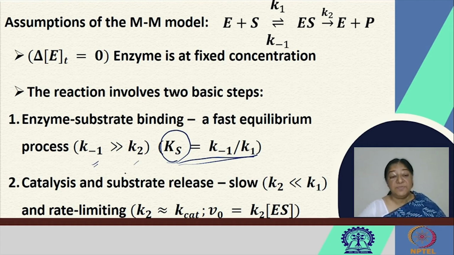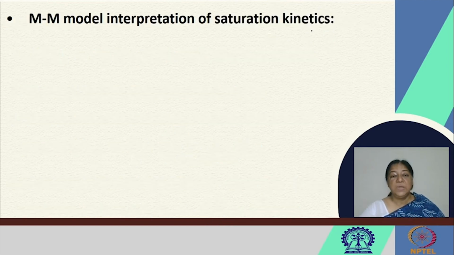We can have the catalysis and substrate release that is slow, where we have a K2 less than a K1, and rate limiting, where we have what is called a Kcat that is associated with the K2, where we will have our initial velocity correspond to the second step of our reaction multiplied by the enzyme substrate concentration.